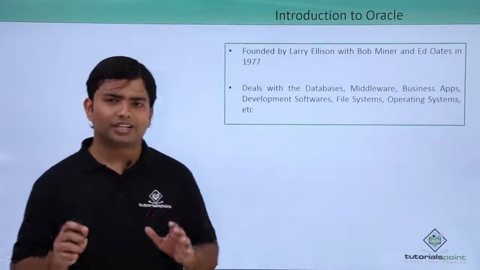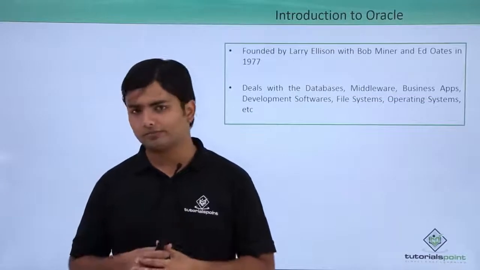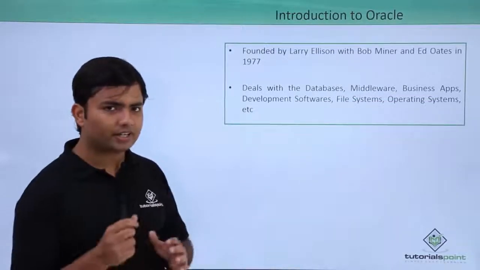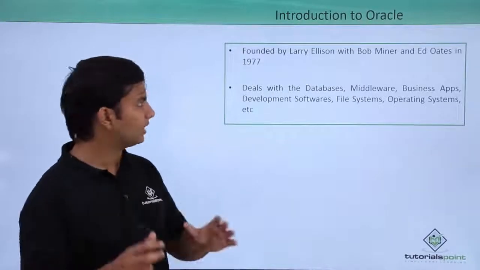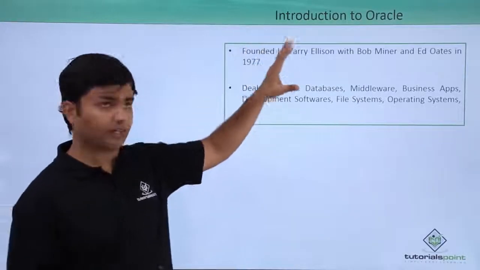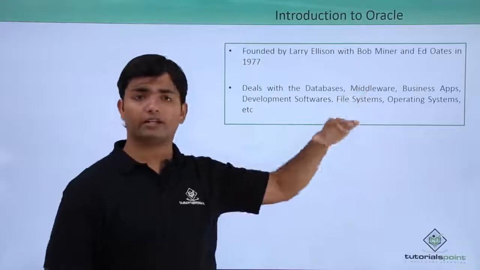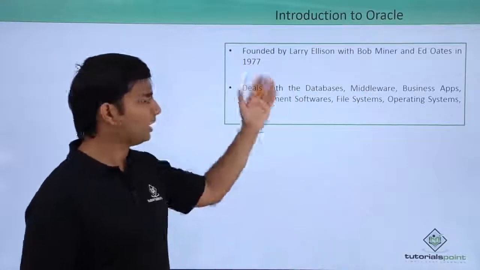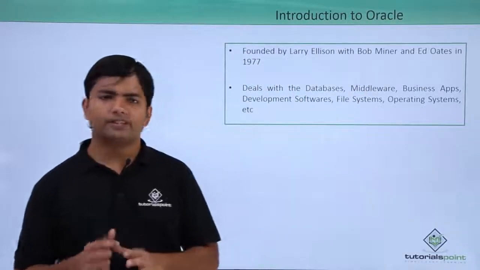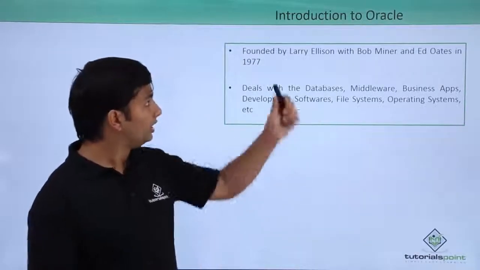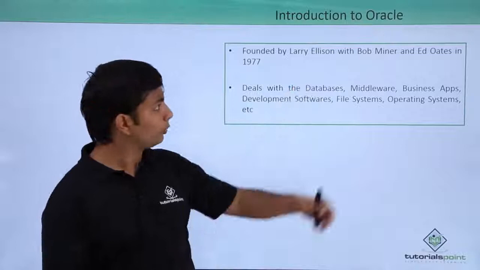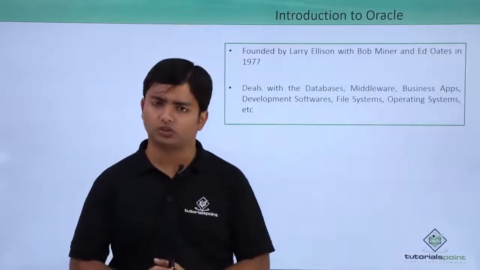Now let's have an introduction of Oracle. As in the beginning I told that nowadays it is a developed organization, but here it is founded by Larry Ellison with Bob Miner and Ed Oates in 1977. Basically, Oracle was initially just a product on which Larry Ellison was working along with Bob Miner and Ed Oates.